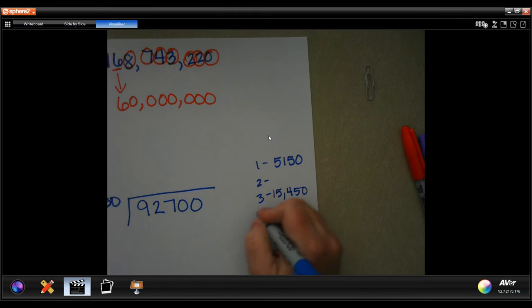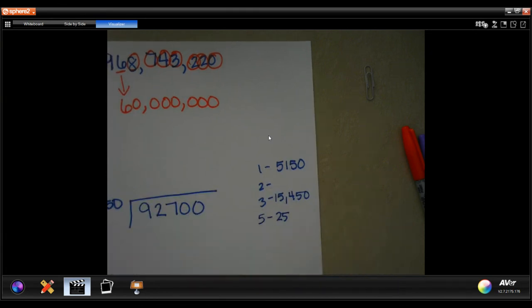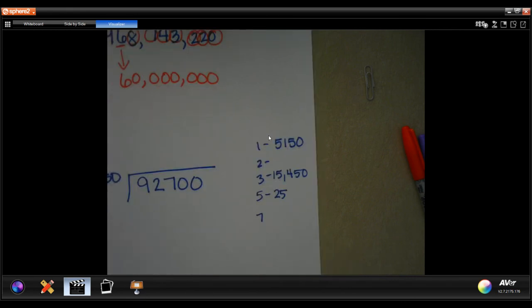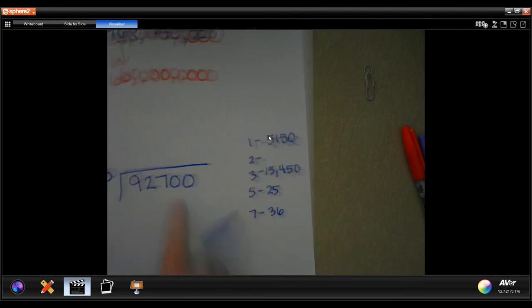Okay, so by 5, that's 25,000. That's nowhere close to 92. So I'm going to jump down to 7. Okay, so I'm going to go 5,150 times 7. That's 36,000. Okay. All right. I'm going to go 5,150 times 9.